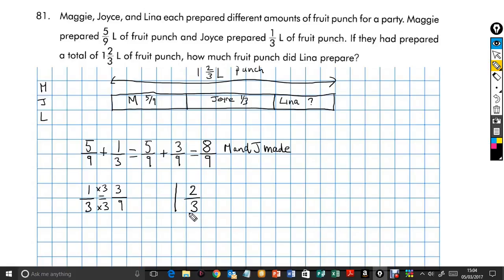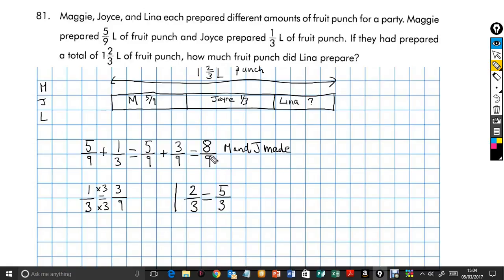So what we can do is to change this 1 into thirds. We know that 1 is equivalent to 3/3, and we add the 2/3, which is equal to 5/3 altogether. This is now an improper fraction, so 5/3.